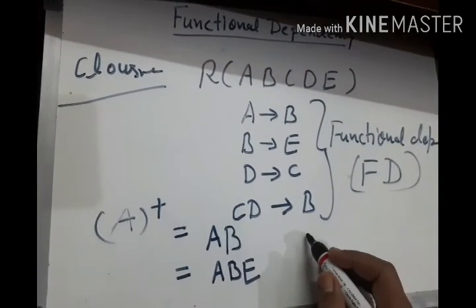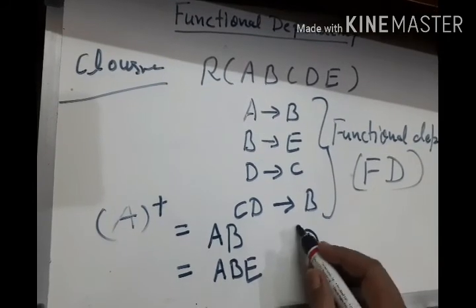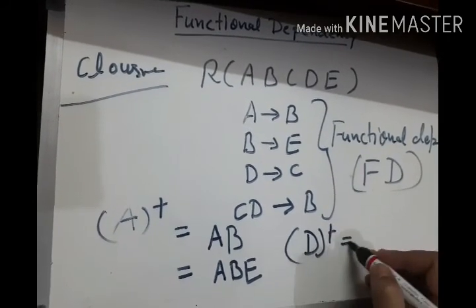Suppose we find the closure of D. What should be the closure of D?